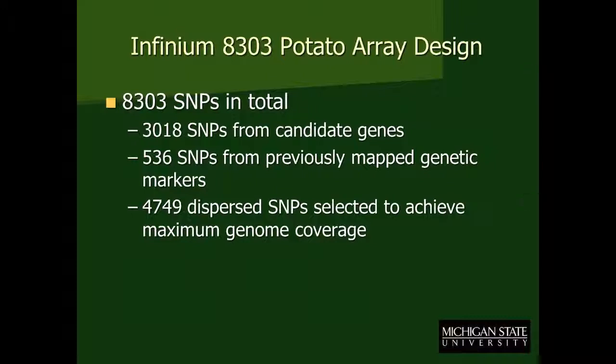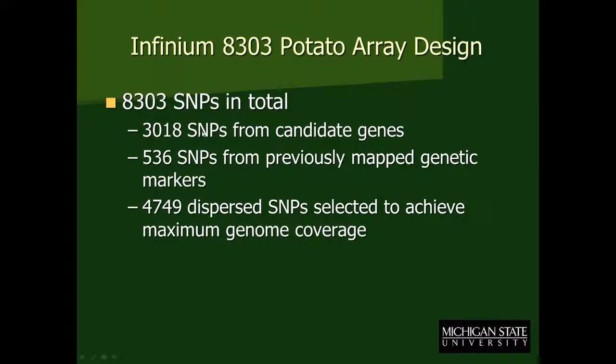So we chose to make a 10K Infinium array for the potato. And when it was all said and done, we had exactly 8,303 SNPs in this SNP array for potato.